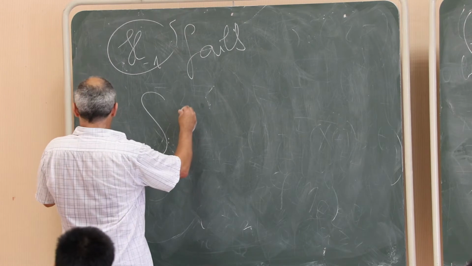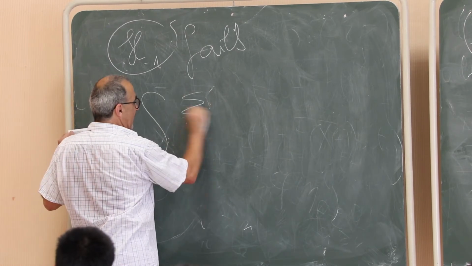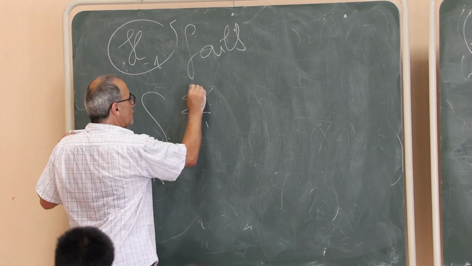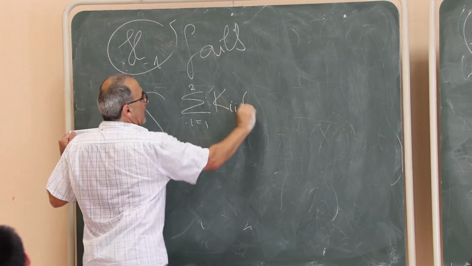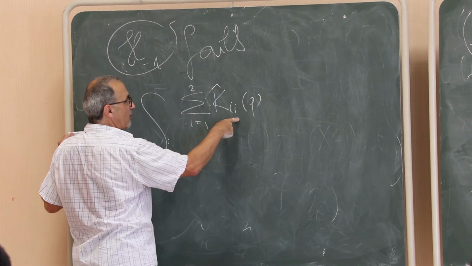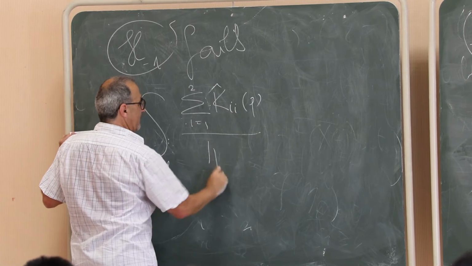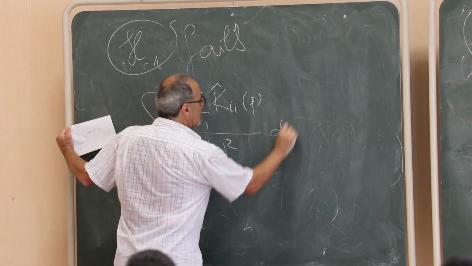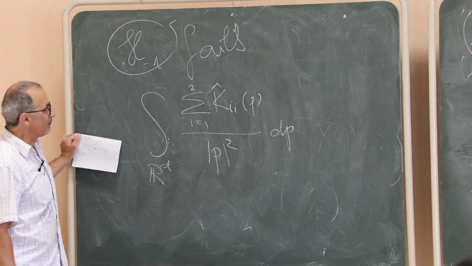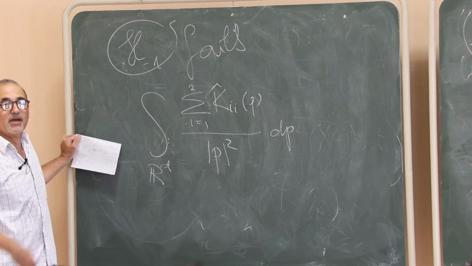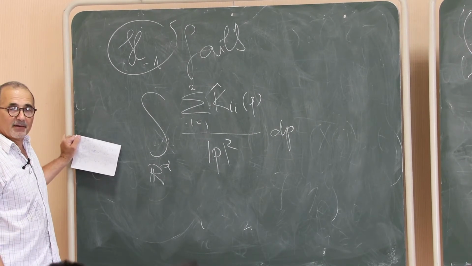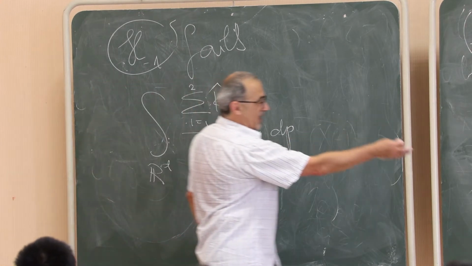So I have the trace, sum over i from 1 to 2, of k_i(p), this was my covariance, divided by p squared, dp. But remember what was k_i, that was p tilde, remember what it was there on that blackboard.